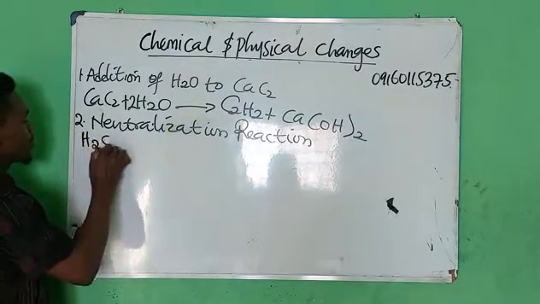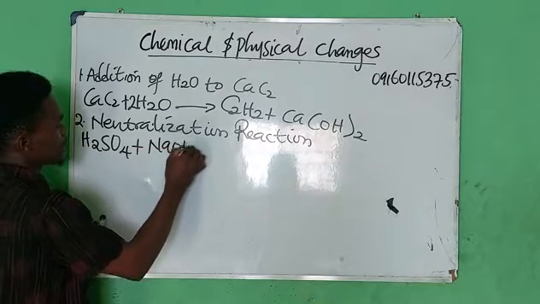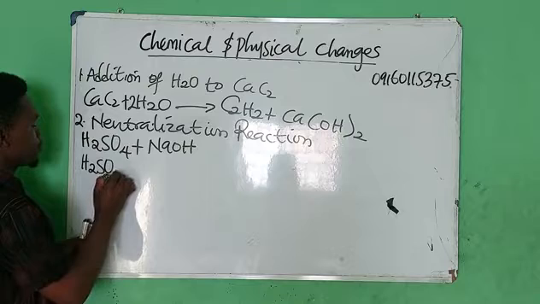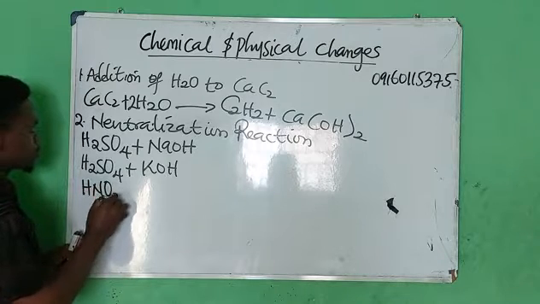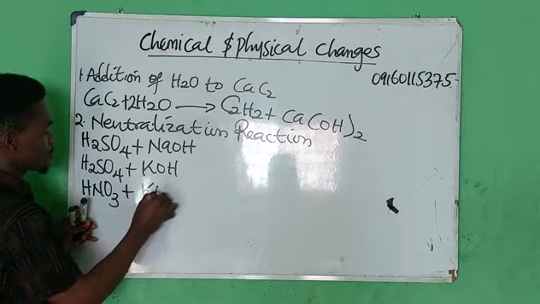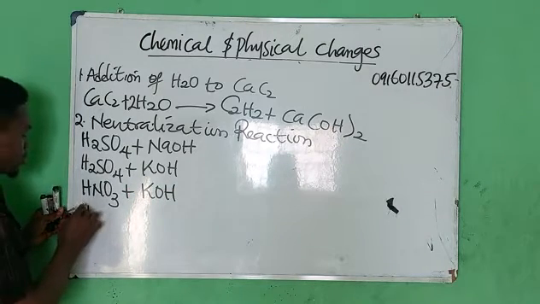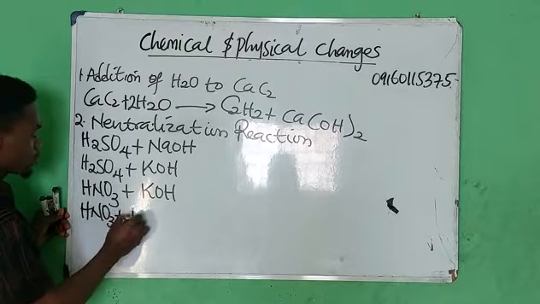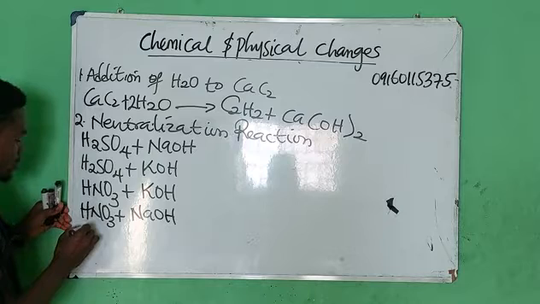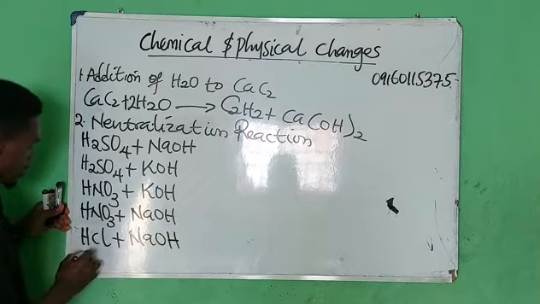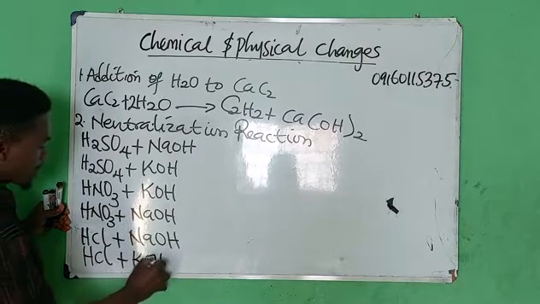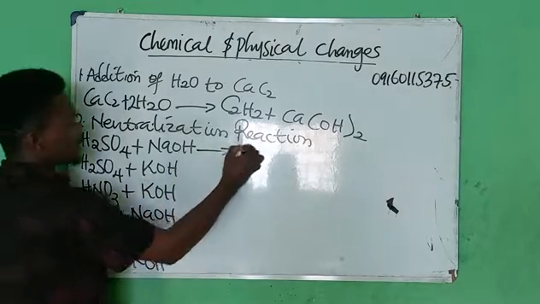If H2SO4 is reacted with sodium hydroxide, or with potassium hydroxide, if HNO3, which is also called aqua fortis, is reacted with sodium hydroxide, if HCl is reacted with sodium hydroxide, then with potassium hydroxide, what will be the products?